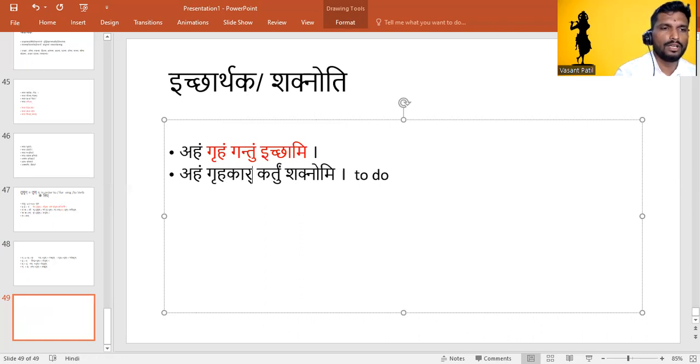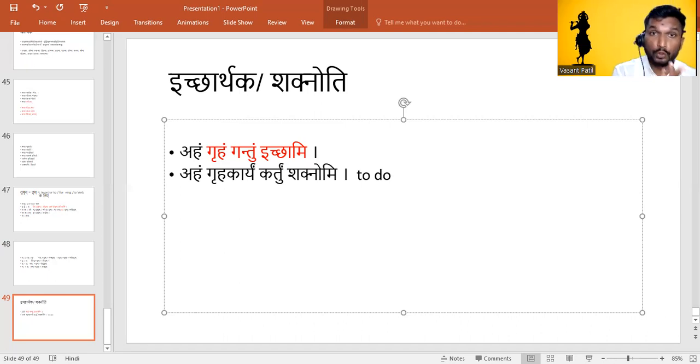Aham vaktum shaknomi. Shaknomi means able to, ability, like can. That is shown by the shaknoti dhatu. So aham gruha karyam kartum shaknomi: I am able to do the housework or homework.